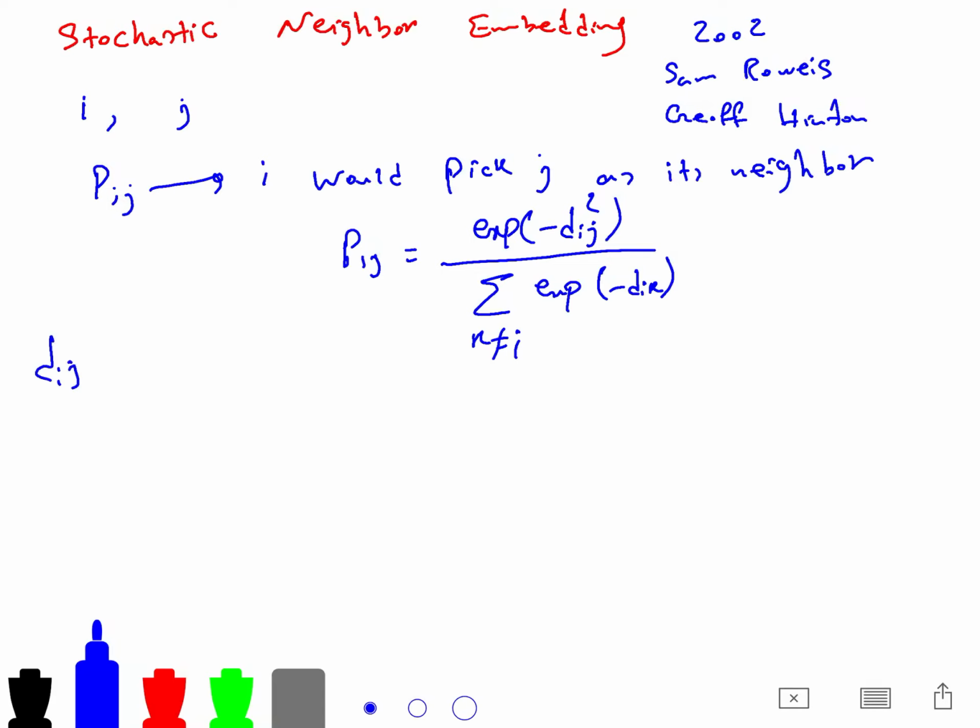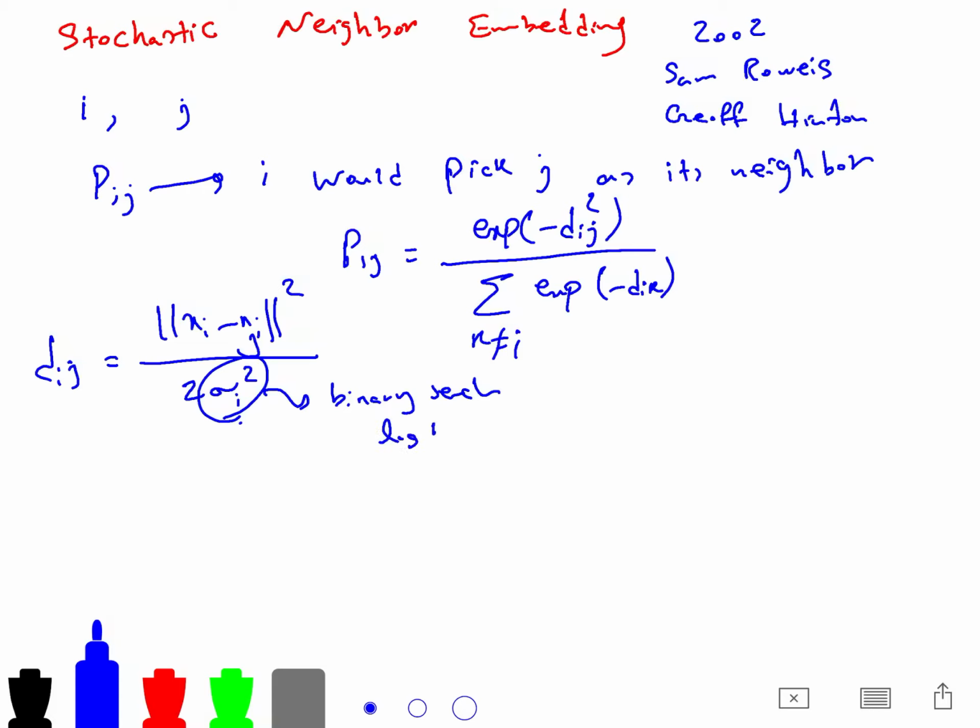And dij is the usual distance over 2 sigma i squared, where sigma i is found by a binary search. This binary search makes the entropy of the distribution over neighbors equal to log of k.